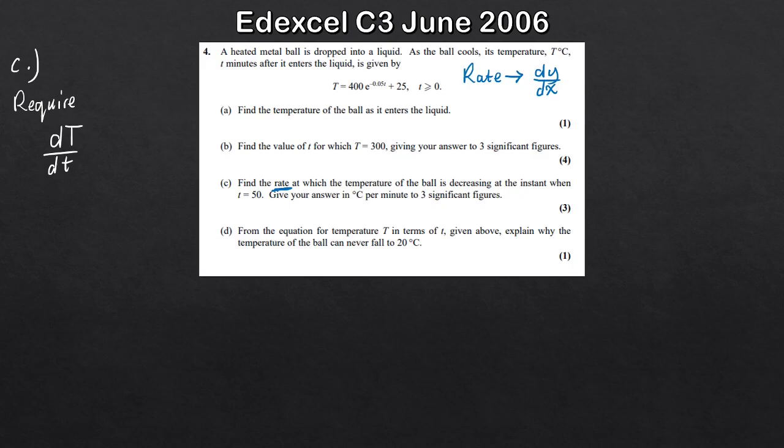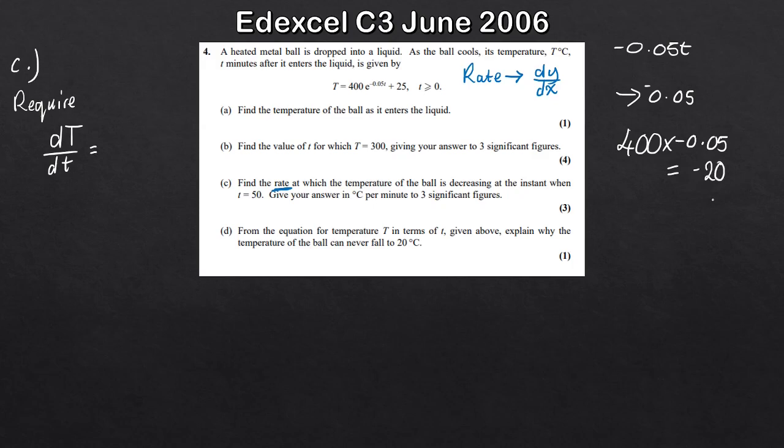So all I'm going to do then is simply differentiate capital T with respect to little t. Well, just like we did before, we need to work out the differential of minus 0.05t. So that would just be minus 0.05, and we times that by 400. So 400 times minus 0.05, that will give us minus 20.